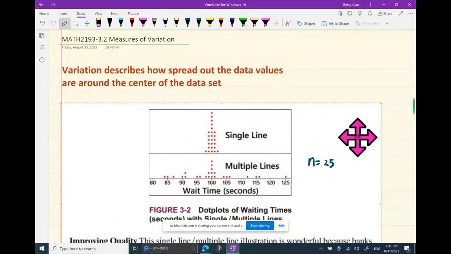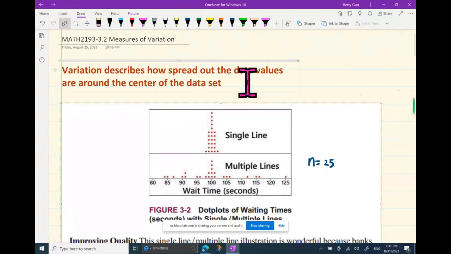Variation is also a measurement. It measures or describes how spread out the data values are around the center of the data set. So that's the definition for variation.